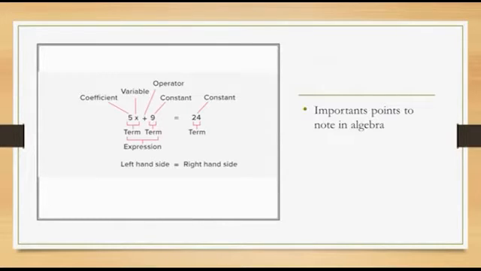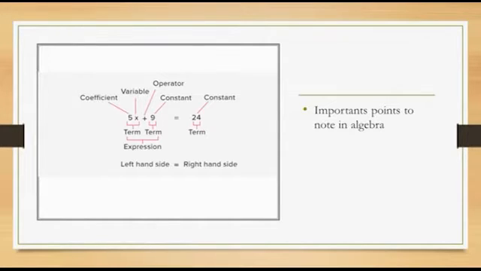Now, the 5 that is beside the x is called a coefficient and the x is called a variable. The operation being carried out in this particular expression is addition. And the constant here is 9. Then you have on the right side of the equation 24, which is also a term, and it is also a constant. So those are just terms that you should know when you're doing algebra.